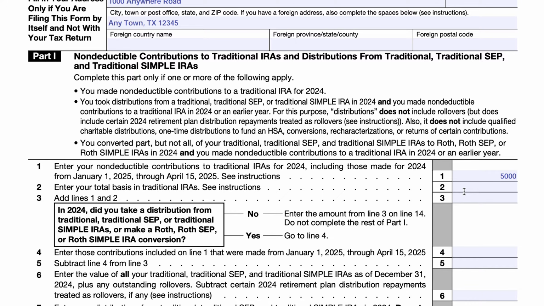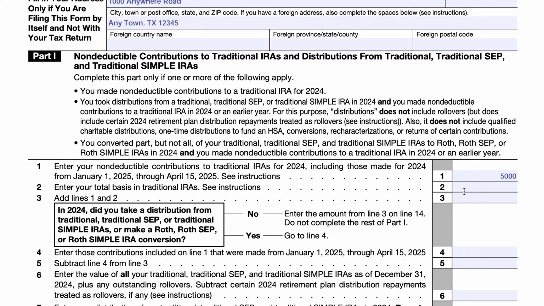So if you have only been making non-deductible contributions, your basis will be the amount of your non-deductible contributions, because this is money that you've already paid tax on.